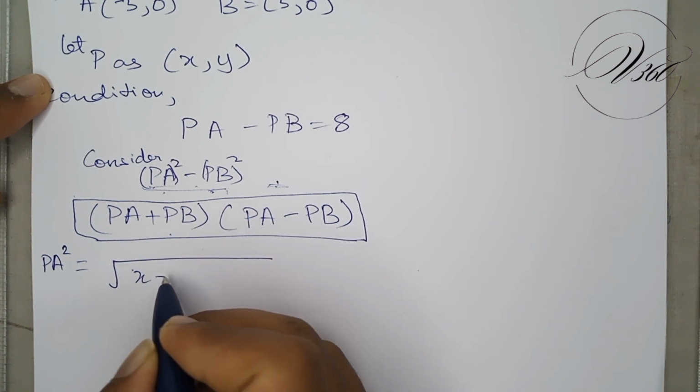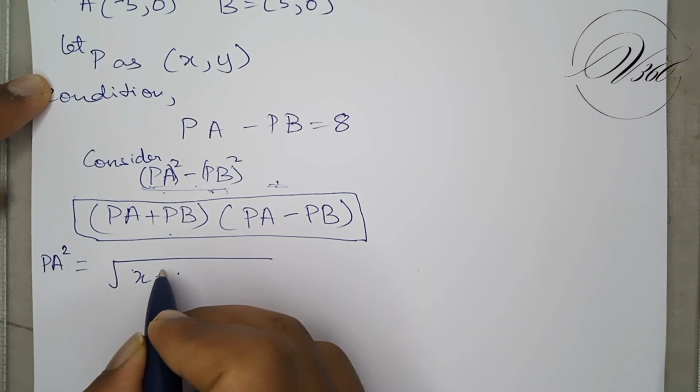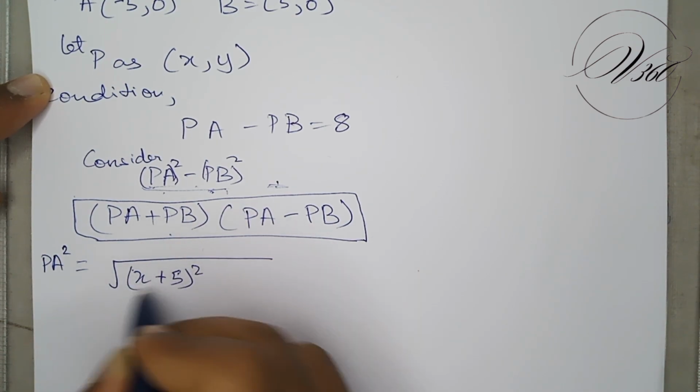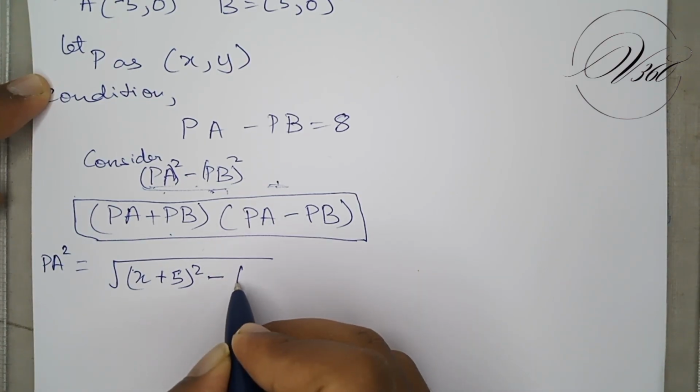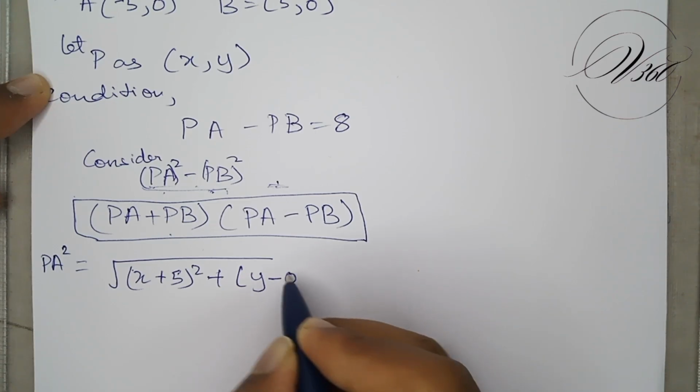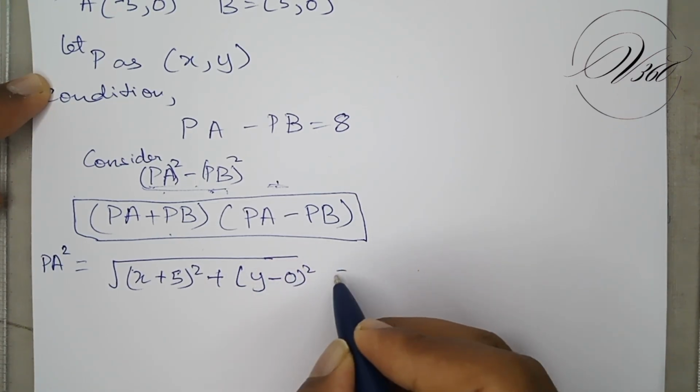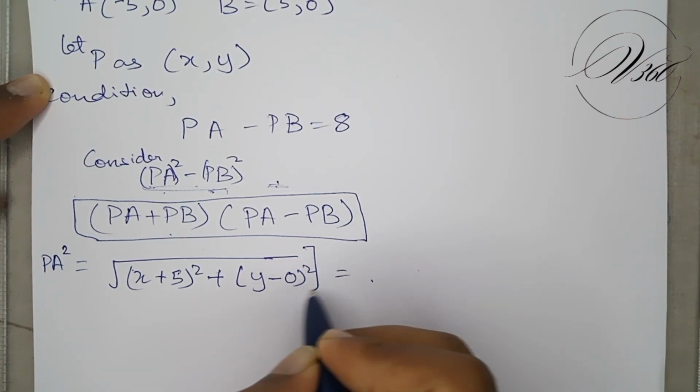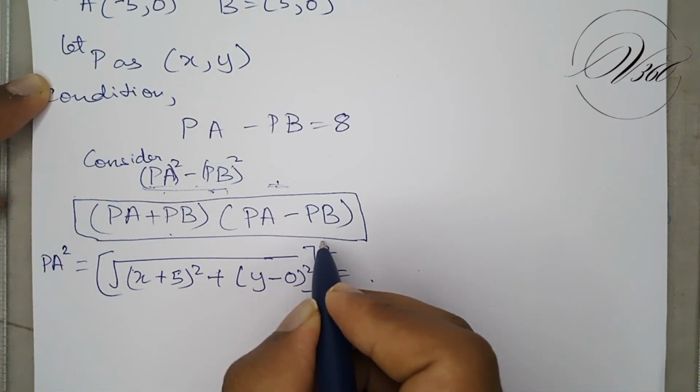PA square is (x - (-5)), means (x + 5) whole square, plus (y - 0) whole square, under a square. Squares and roots get cancelled.